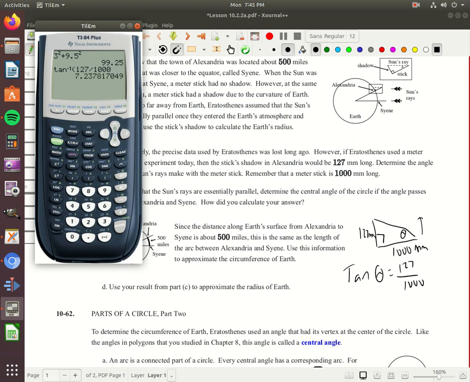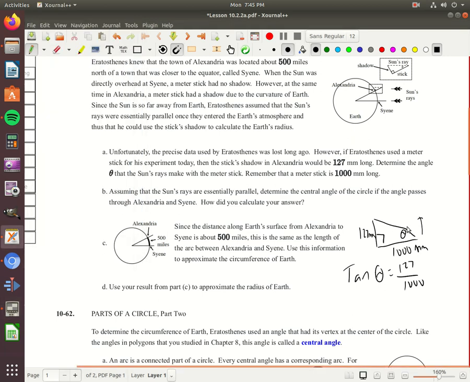And it's going to tell me it's 7.24 degrees. So theta is going to equal 7.24 degrees. So that's the angle of theta. Theta is about 7.24 degrees.